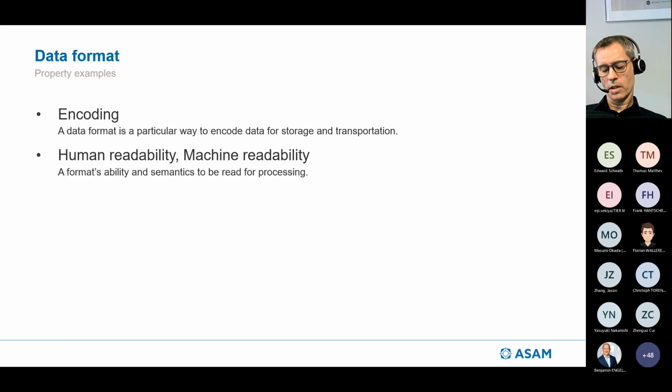And machine readability means that the data is in a structure that machine to machine is really able to read and write the data format. It's just more than an unstructured text.